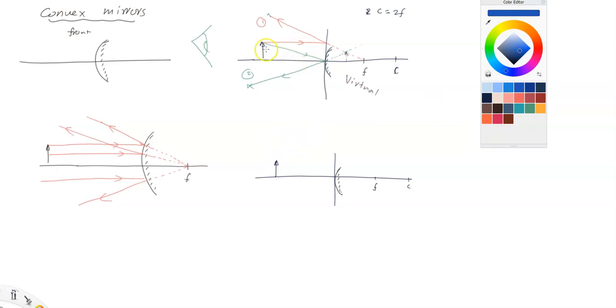We talk about number 1, the parallel one reflects such that it's coming from F. The one that hits the center reflects with the same angle, so these angles are the same. The third one we can use is light going towards the center, right? One that goes straight into the center.